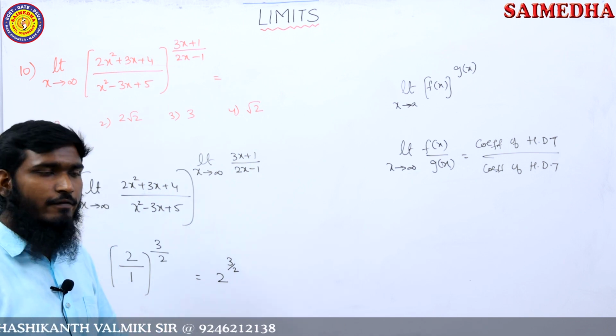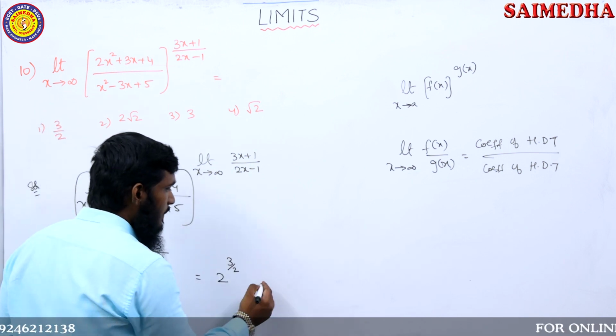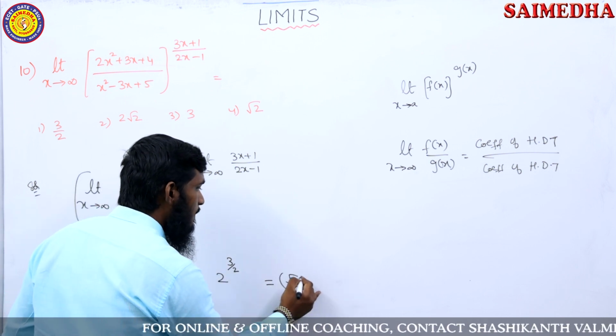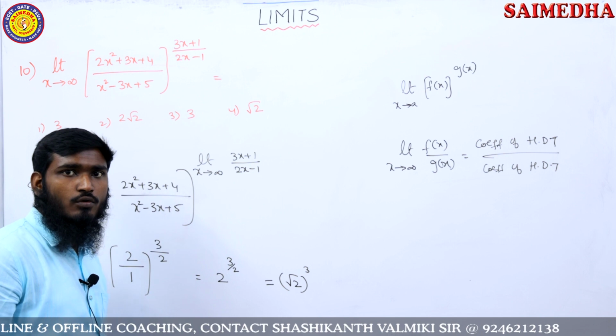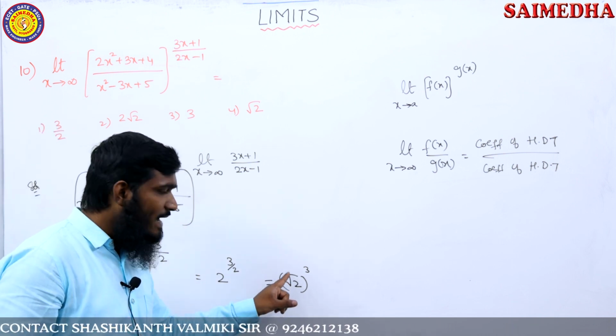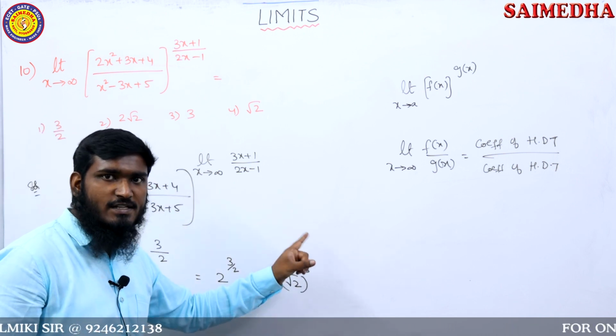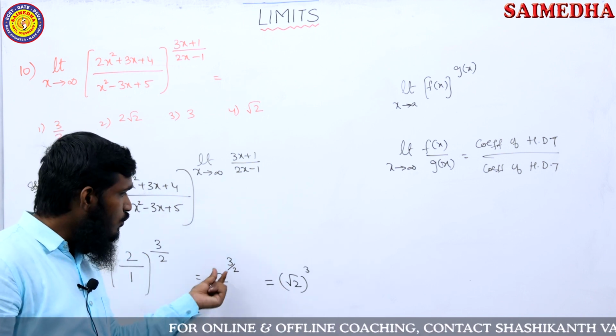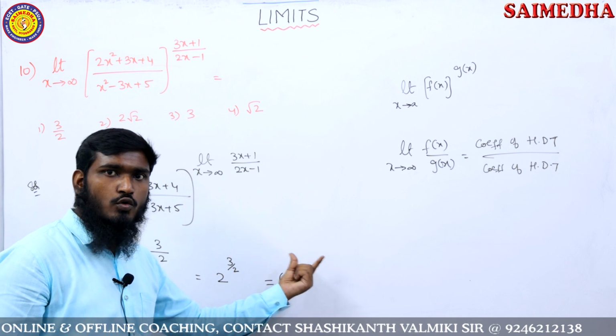Okay. Now let us simplify this part. So 2 power 3 by 2 is there. Can we write this as root 2 power 3? Yes or no? Root 2 power 3, because if you want to write root 2 as a power, it can be written as 2 power 1 by 2. 3 into 1 by 2 means 3 by 2. Understood? So for 2 power 3 by 2 we have taken root 2 whole cube.